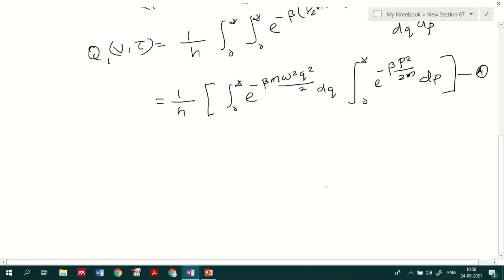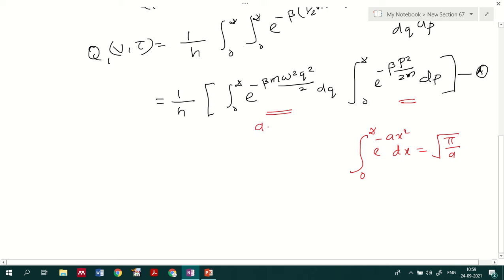That is, if you have any integral from 0 to infinity of e raised to minus a x square dx, it is a general equation. When evaluated, the corresponding solution will be root pi by a. Okay, with that general representation we can evaluate this one and this one.